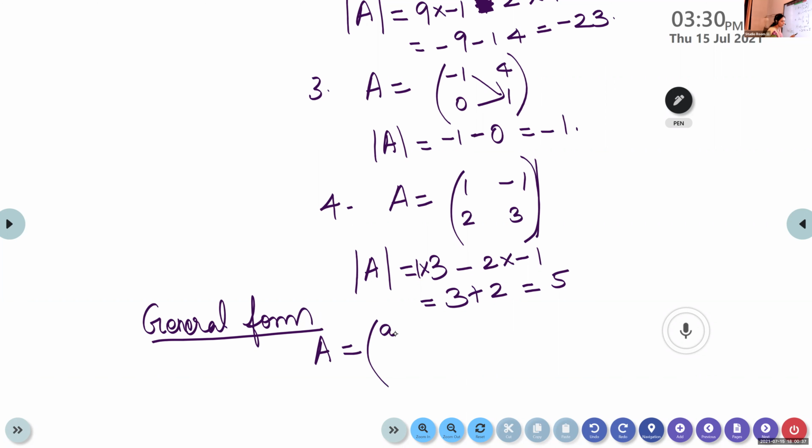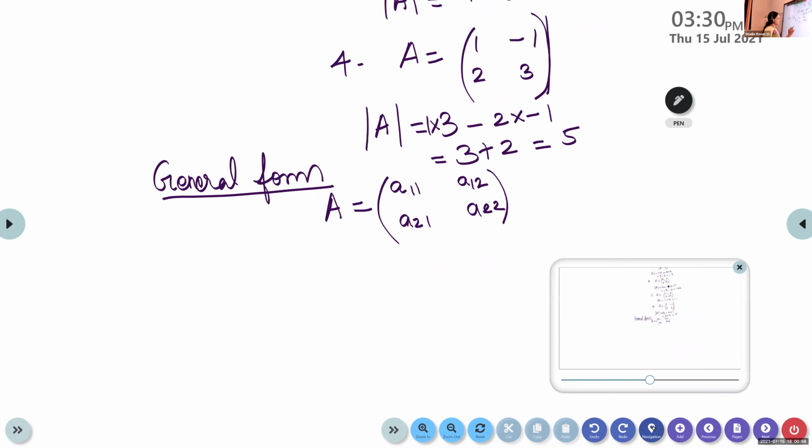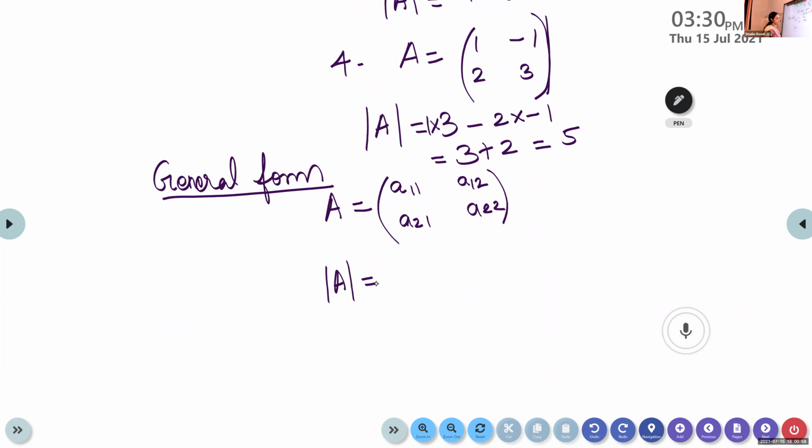In general form, we take the elements as A11, A12, A21, A22. So what is the value of determinant A?